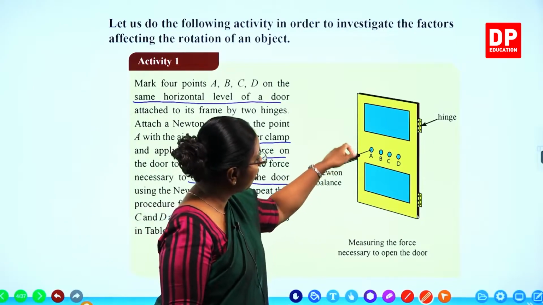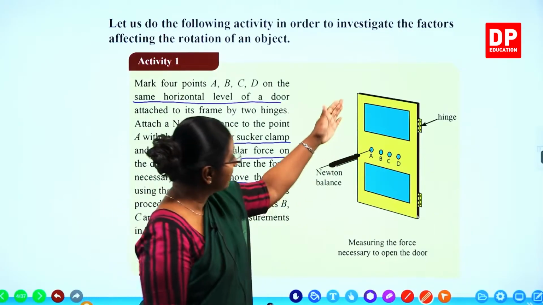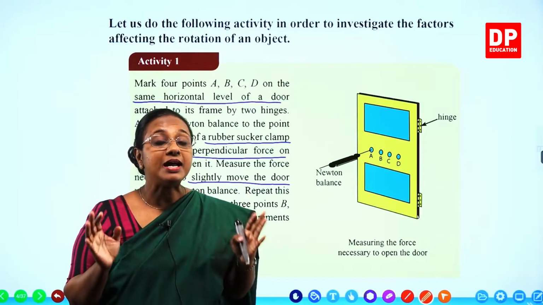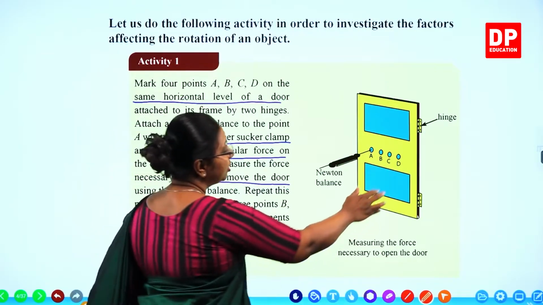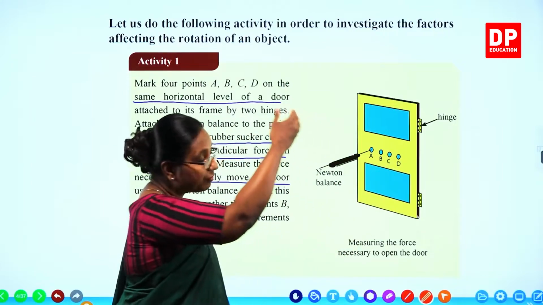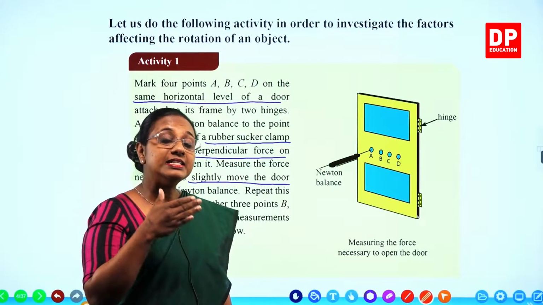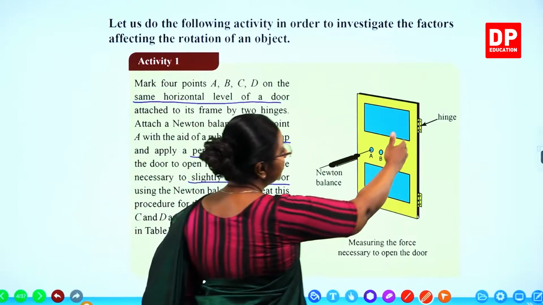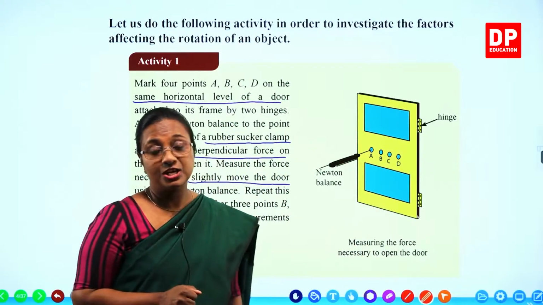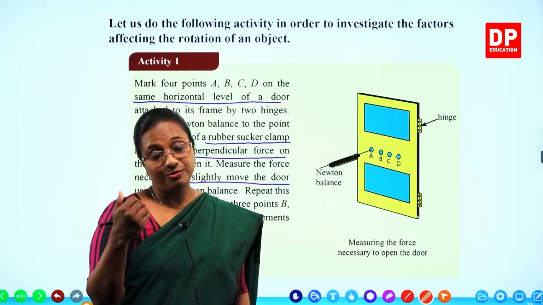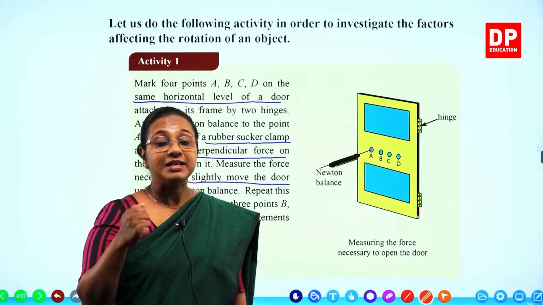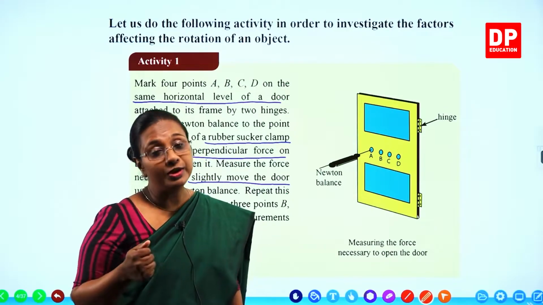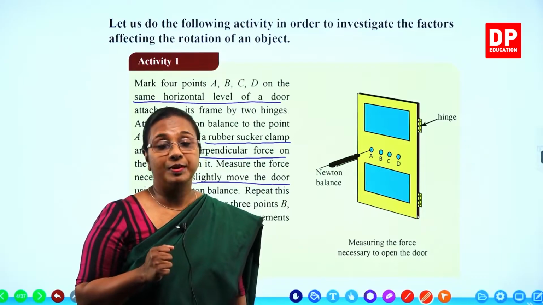You normally have the knob on this side of the door, towards this edge of the door. So it's easy to open and close the door. But by chance, if you have ever tried to open or close the door from the space that is there between the door and the frame, that is, holding the door maybe closer to the hinge, one thing, you can damage your hand, you have to be careful of your hands, but at the same time you would have known that it's very difficult to pull it close or pull it open.